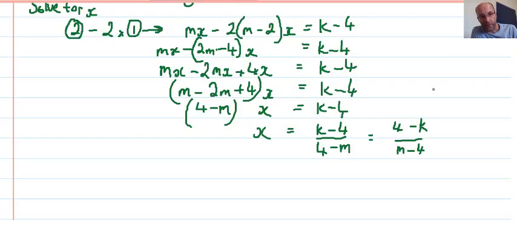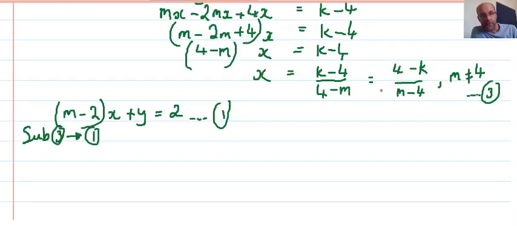So just going through, completing the rest of the steps there, we have x equals k minus 4 over 4 minus m, or if you prefer 4 minus k over m minus 4, where m cannot equal 4.